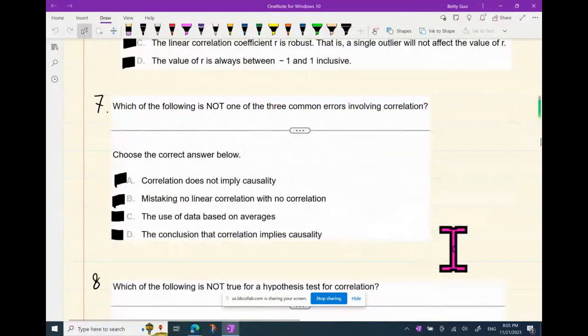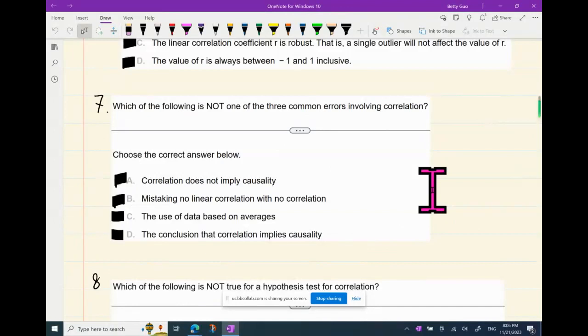Number 7, which of the following is not one of the 3 common errors involving correlation? We do have 3 common mistakes when it comes to linear correlation. The first common mistake is people mistake correlation for causality. If we say there is a linear correlation between two variables x and y, it does not mean one variable causes the other.